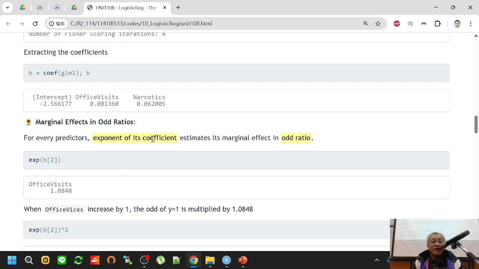The exponent of the coefficient can estimate the marginal effect in odds ratio. For example, I have this B0, this is B1, and this is B2, okay?